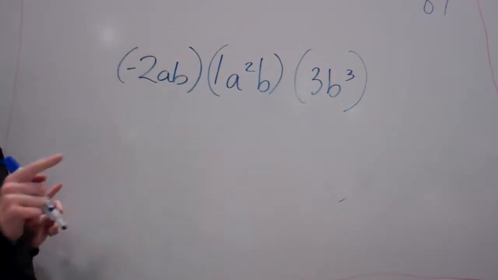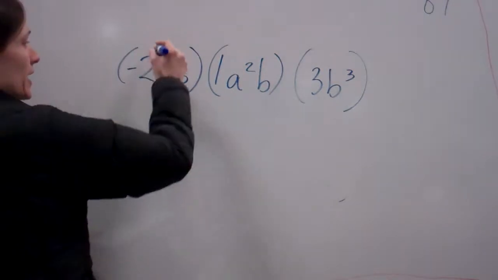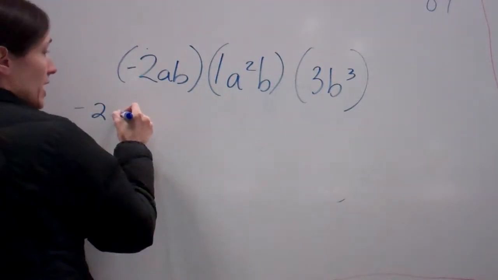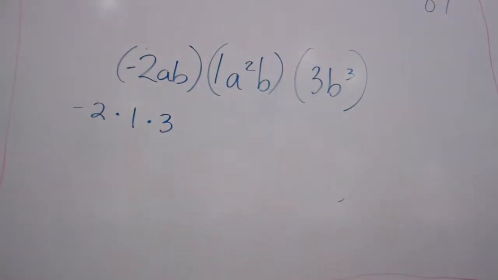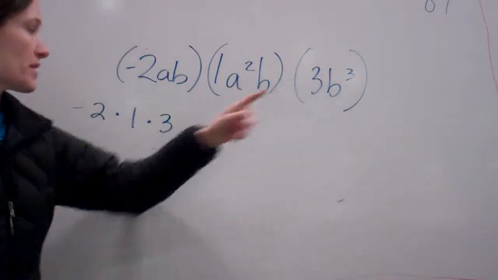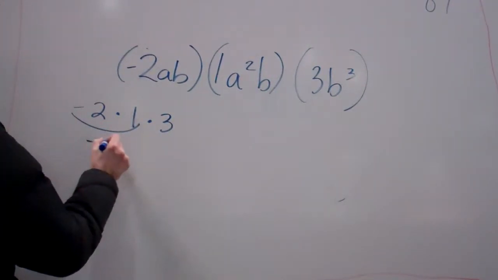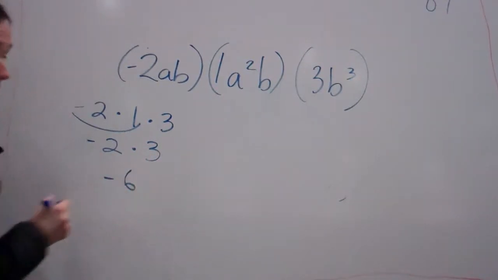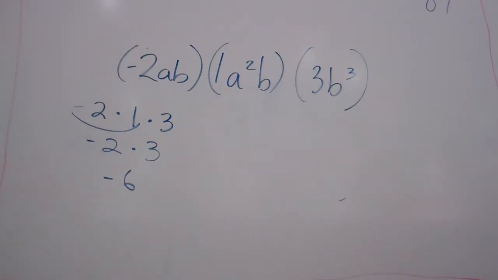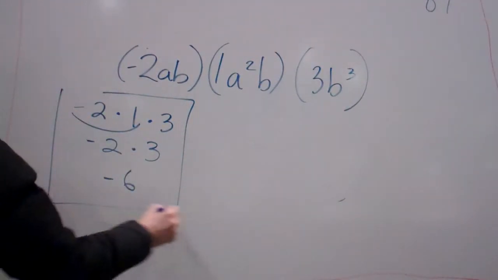Okay, so step number 1 is to multiply the numbers. So negative 2 times 1 times 3, right? This times this times this. And I would get negative 2 times 3, which is going to give me a negative 6. Everybody agree? Okay, so the answer so far is a negative 6 with step number 1.